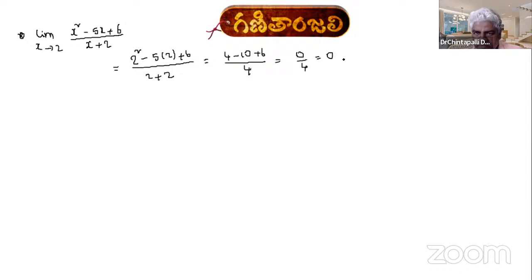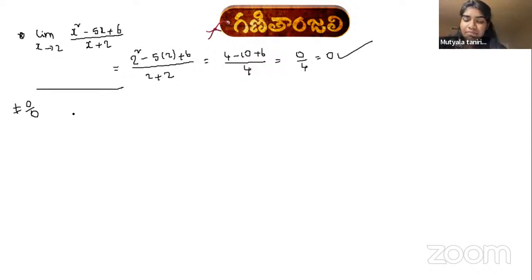But if we try to use L-Hospital rule, even if it is not in the form of 0 by 0, we arrive at a wrong answer. The actual answer is 0, the correct answer.